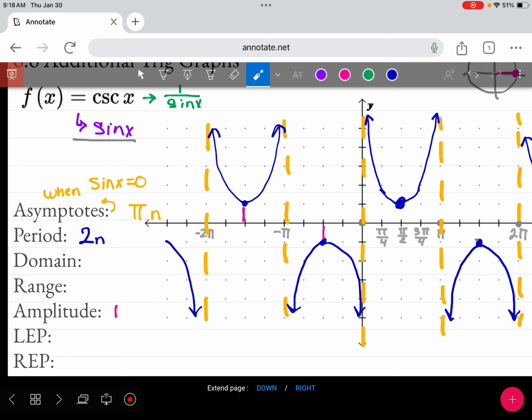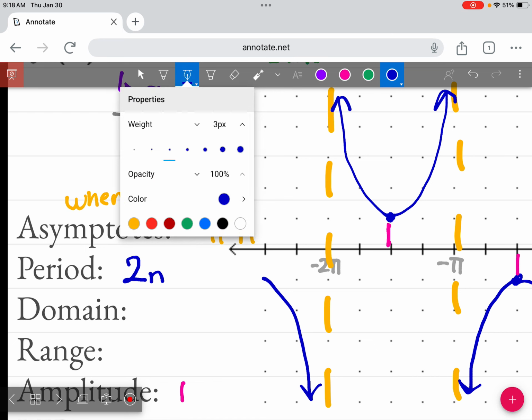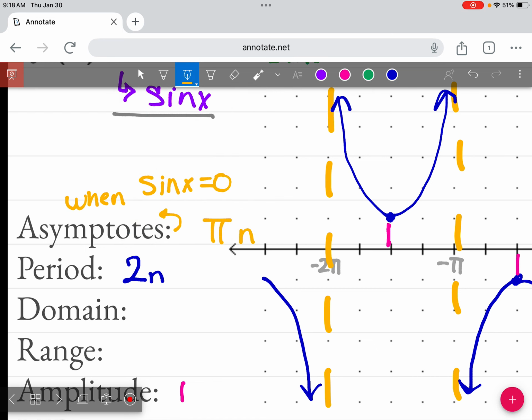So it's all real numbers except for those asymptotes. We're going to write it in shorthand. I'm going to put my sine back here for a second because I don't want to lose it. Our domain is all real numbers, I'm going to use the capital R, except x does not equal pi n. It doesn't equal where our asymptotes are.